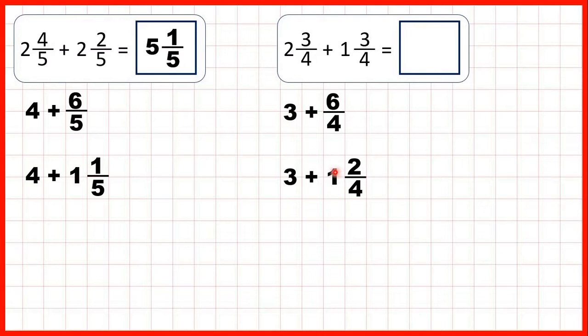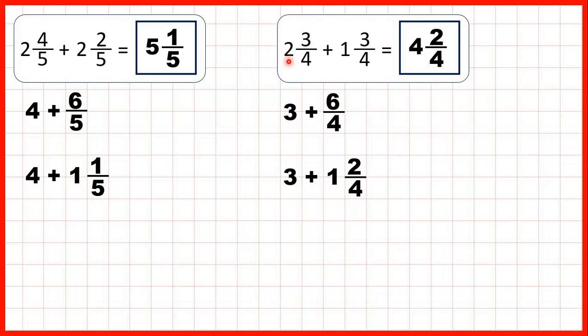And that makes sense because 1 times 4 is 4, plus 2 is 6, and that's the numerator of the improper fraction we had. So adding that to our 3 wholes, 3 plus 1 is 4, the 2/4 stays the same, so our answer is 4 and 2/4.